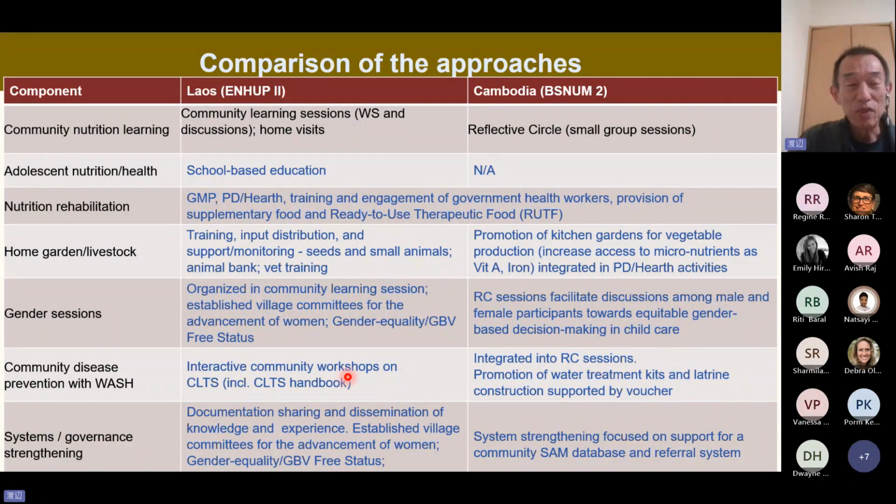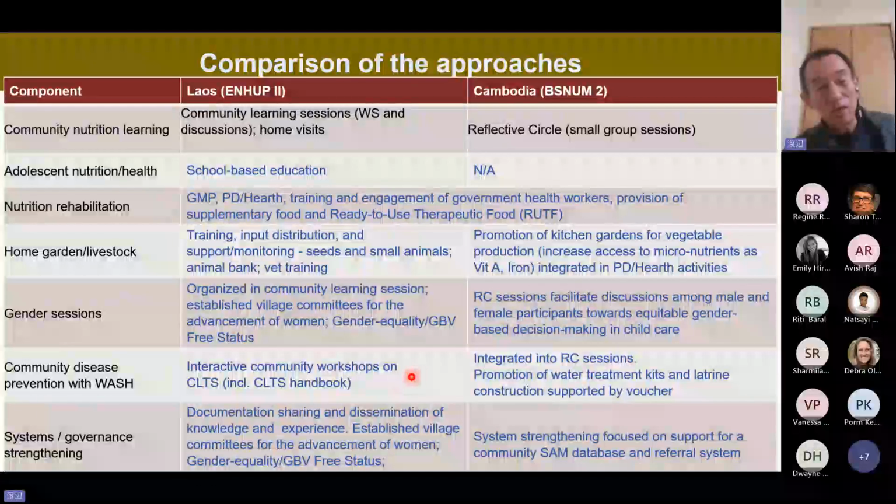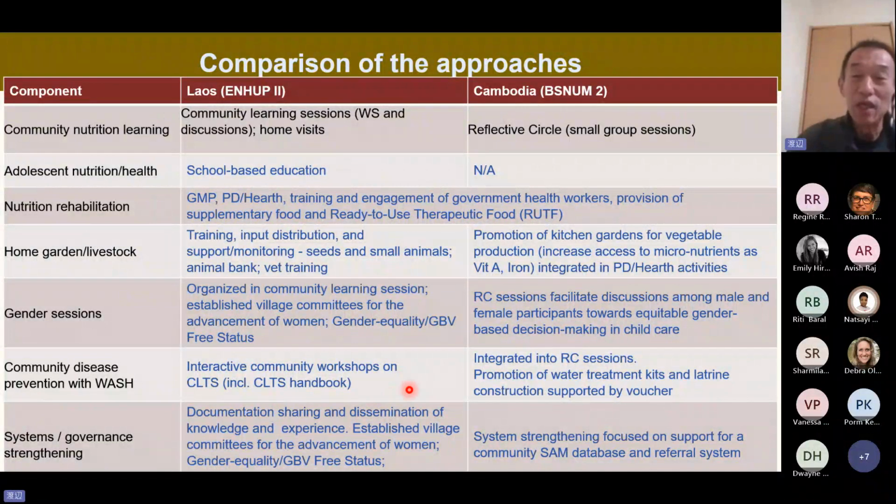The main difference between the two programs is that in Laos, they were more based on the approach called community-led total sanitation, a methodology to sensitize community people about the risk of open defecation and the need for sanitary facilities through different tools and discussions.